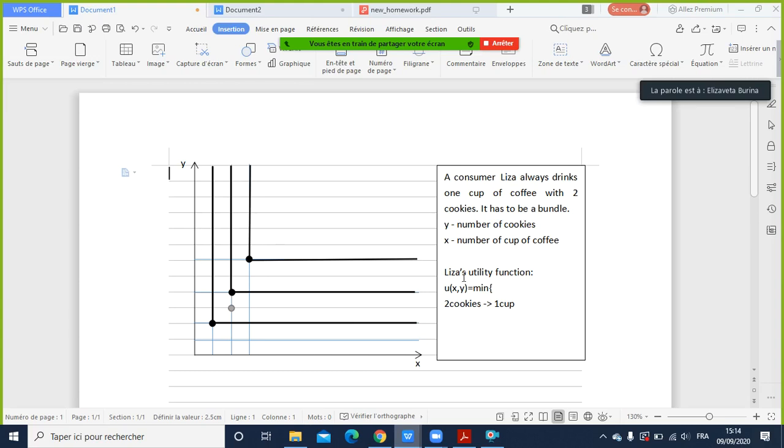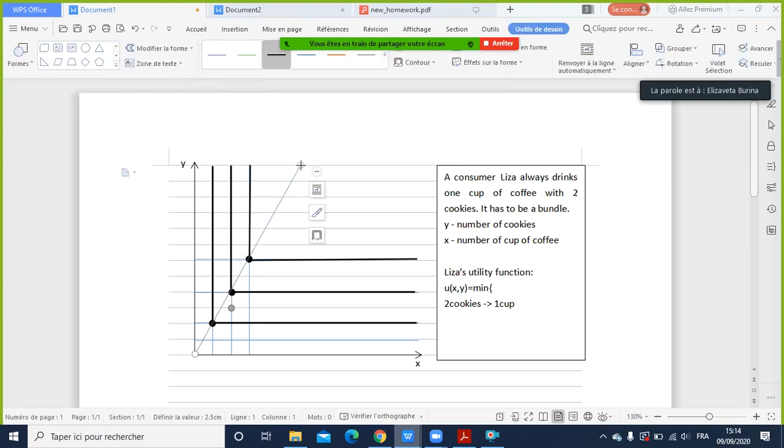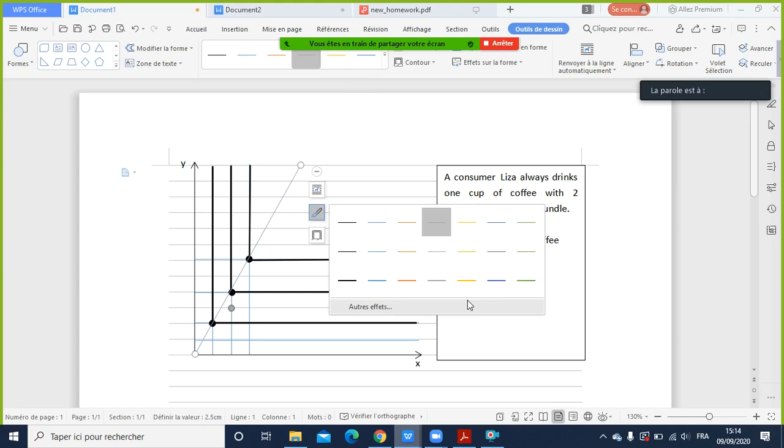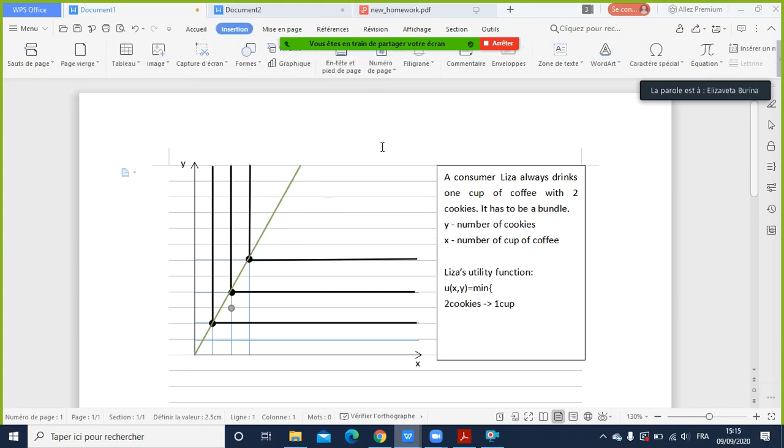Great. So now let's see. First of all, you already can figure that there is this line that goes like that, and it goes like that just because 1 cup of coffee, 2 cookies. As simple as that. Let's make it fatter. Okay, perfect.